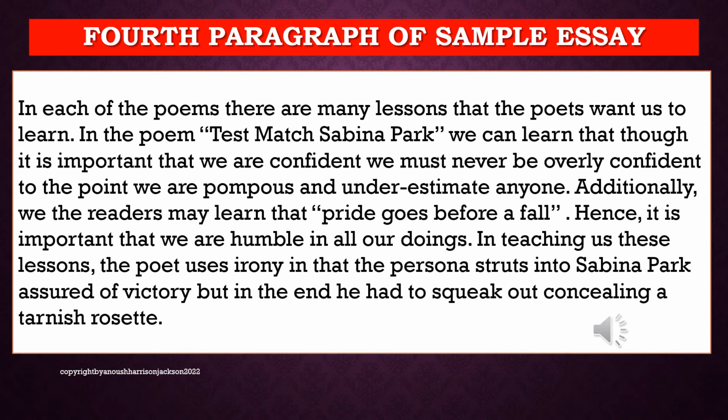Additionally, we, the readers, may learn that pride goes before a fall. Hence, it is important that we are humble in all our doings. In teaching us these lessons, the poet uses irony in that the persona struts into Sabina Park, assured of victory, but in the end, he had to sneak out, concealing a tarnished rosette.